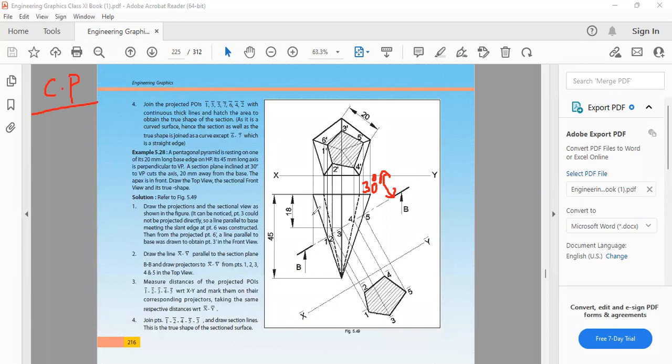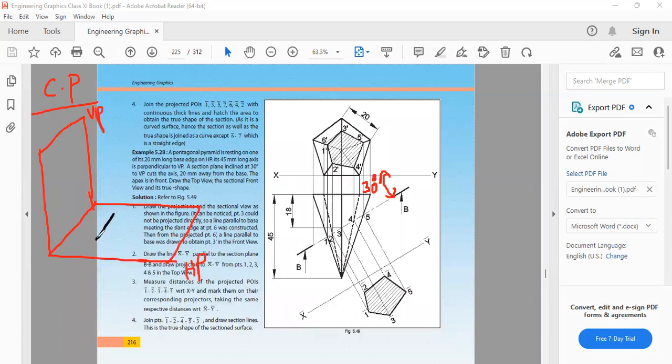Then here the pentagonal pyramid is resting on one of its long base edges on HP and the axis is perpendicular to VP. So I will draw the first quadrant. This is my HP and this is my VP, and here this pentagonal pyramid is resting on one of its base edges.